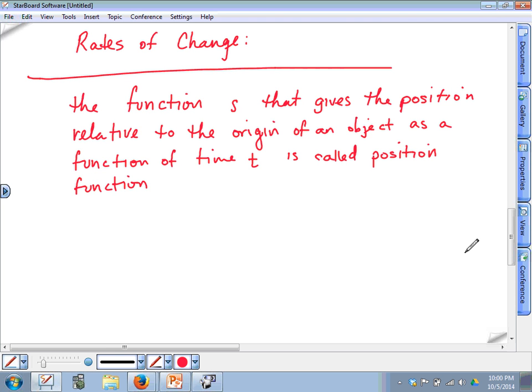If an object moves, then it has a velocity. So if we track the object's velocity over time, we can talk about what's called the average velocity. And it's the change in distance, or s, change in position really, divided by the change in time.